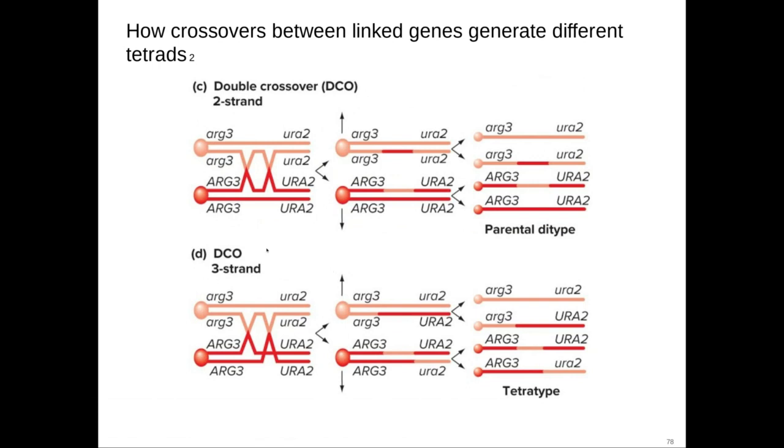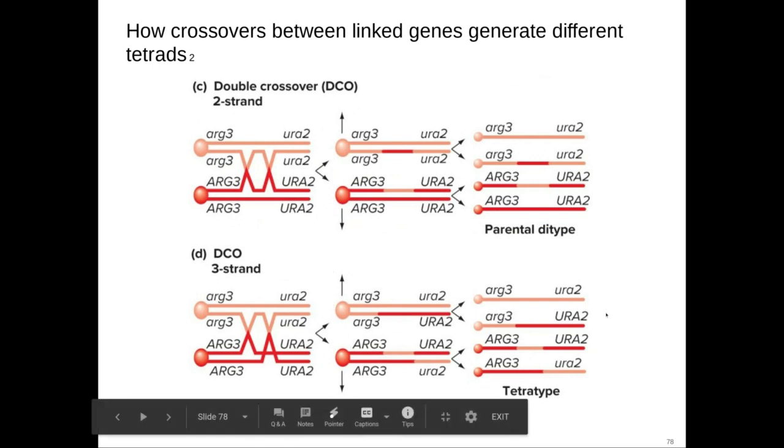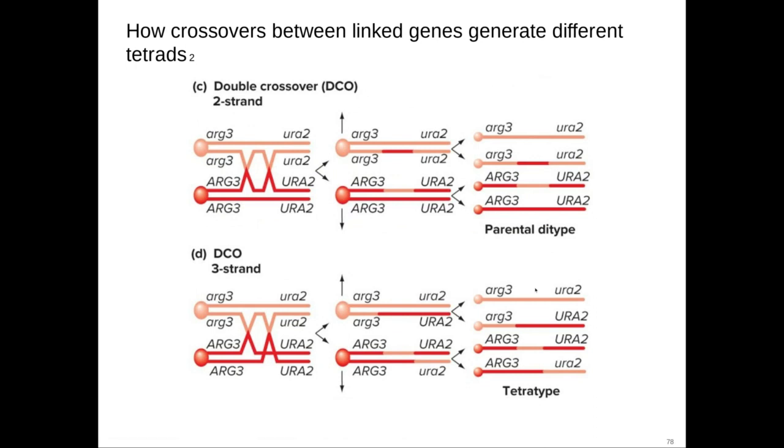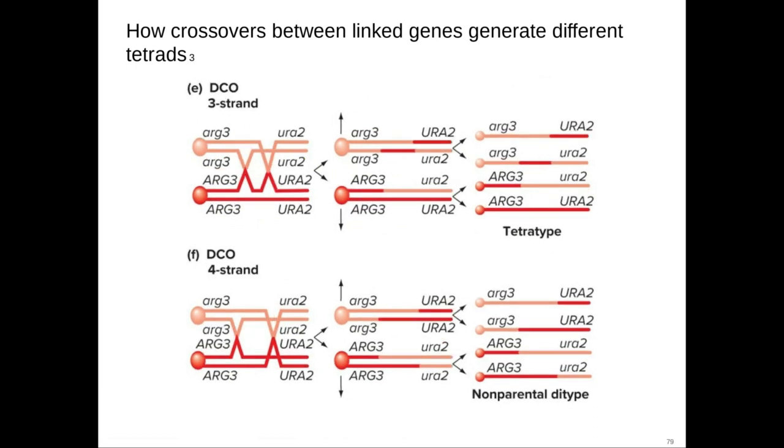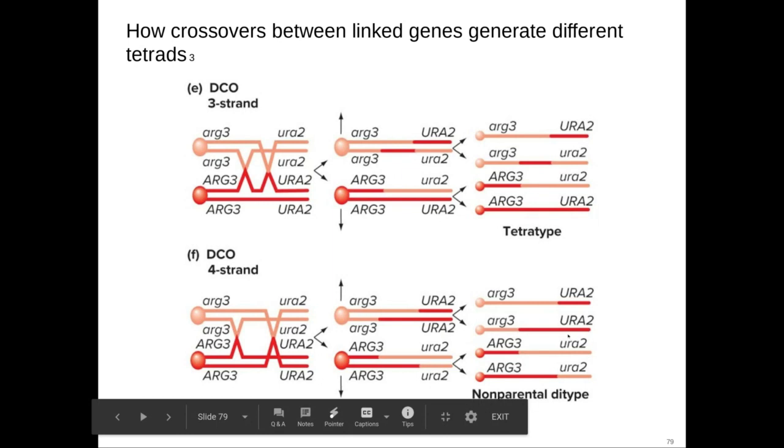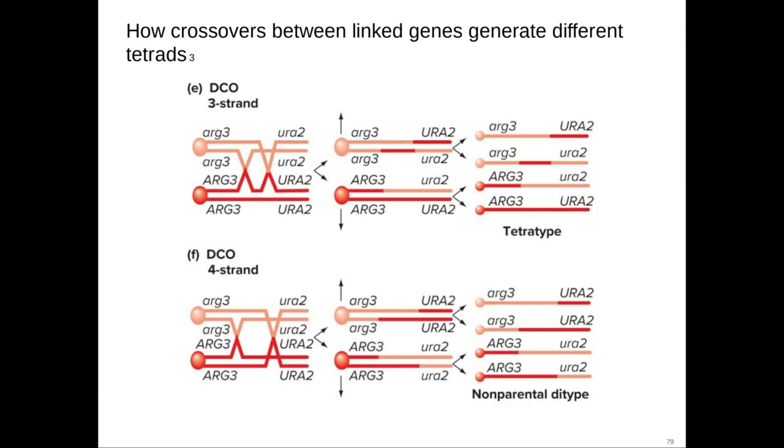And then we can look at a 3-strand double crossing over event, which produces one of our tetratypes. And same thing, a 3-strand double crossover event can produce a tetratype, and a 4-strand double crossover event can produce a non-parental ditype.